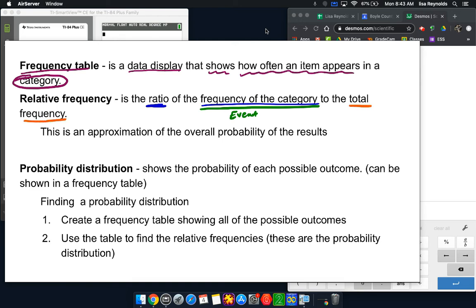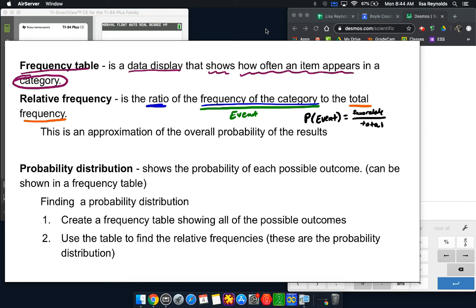This probably sounds familiar because this is pretty much the same thing as the probability of our event, which is our favorable over the total.